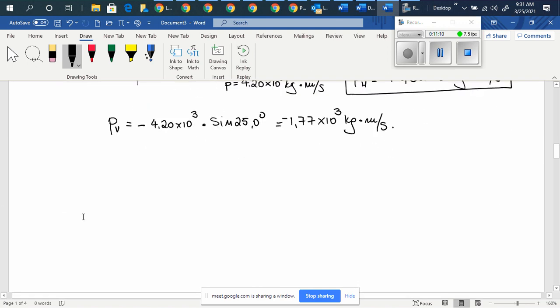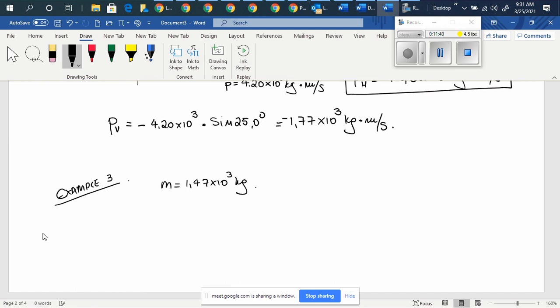The next example will be where we convert the kilometers per hour into meters per second. Again, let's suppose that we have a car. The mass of the car is 1.47 times 10 to the power of 3 kilograms.